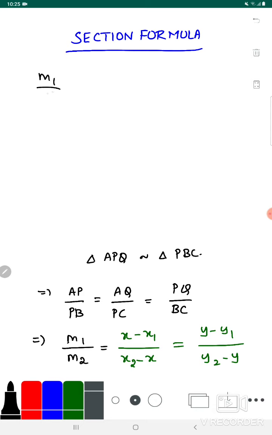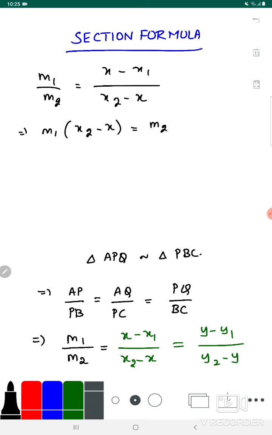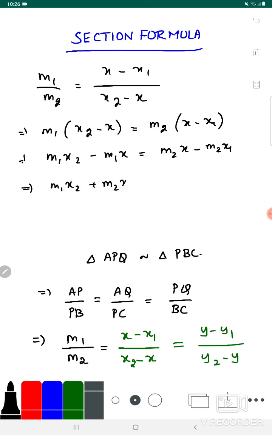So, m1 by m2 is equals to x minus x1 by x2 minus x, that in return would give me m1 into x2 minus x is equals to m2 into x minus x1. So this is m1 x2 minus m1 x is equals to m2 x minus m2 x1, that in return m1 x2 plus m2 x1 is equals to m1 x plus m2 x.